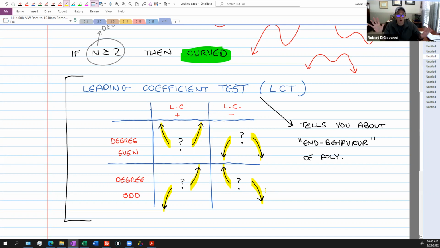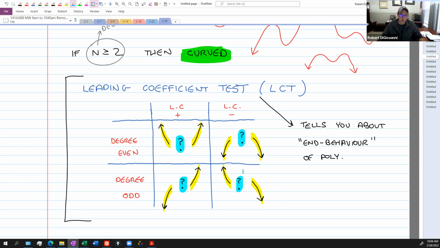That's it. There's no other things that can happen. Now, in the middle of the function, I put question marks because there can be all sorts of weird undulations and ripples and curves. The leading coefficient test only tells you about the ends. Like, my left side eventually is going to go up forever or down forever, or the right side is going to go up forever or down forever.